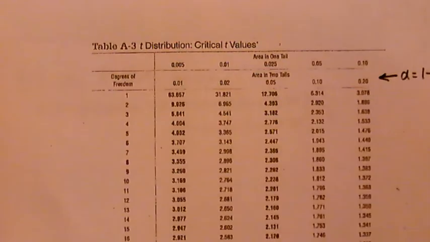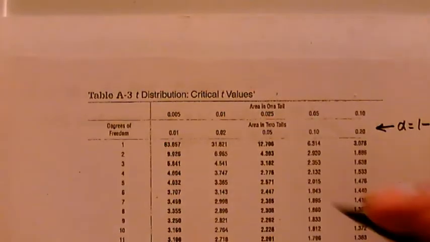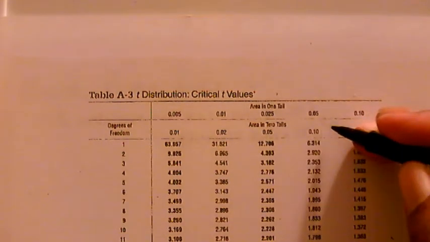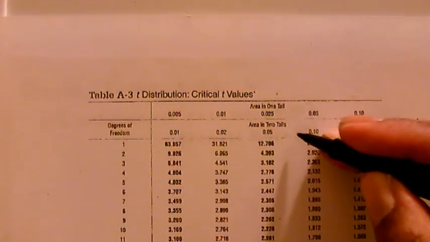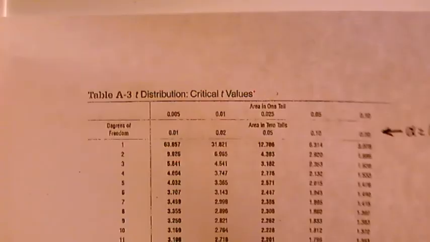So here's table A-3. On the left side, under degrees of freedom, you find 35. So here's 35 right here. And we need to find, in this case, 0.10. Okay, and I'm going to need to pull this down a bit. 0.10 is under the area in 2 tails. You always look under the area in 2 tails. So that's your 0.10 here. So you have to look down that column and go across the 35.